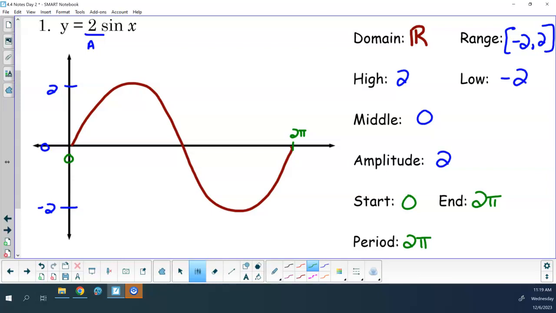Halfway would be what? Pi would be halfway. Half of the first half would be pi over 2. Half of the second half would be 3 pi over 2.